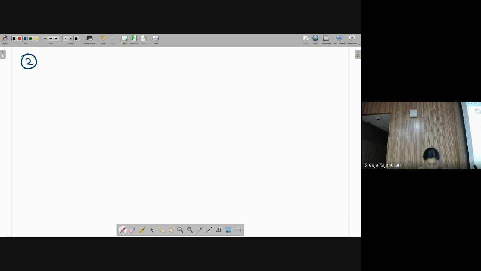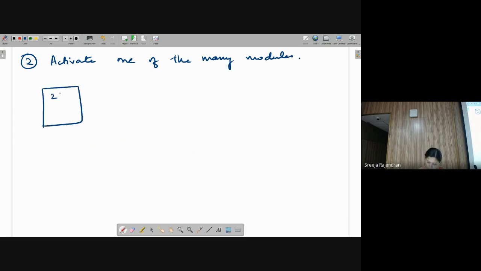Okay, then the second application is we use it to activate one of the many modules. Example, suppose I have a decoder here, which is a 2 to 4 decoder. Two inputs, four output lines.